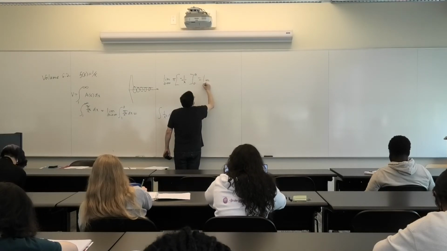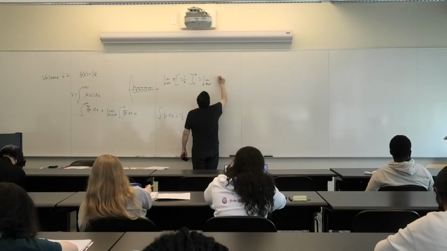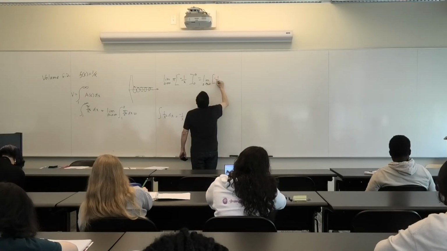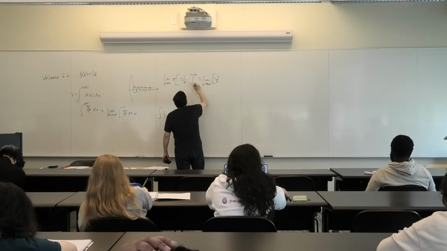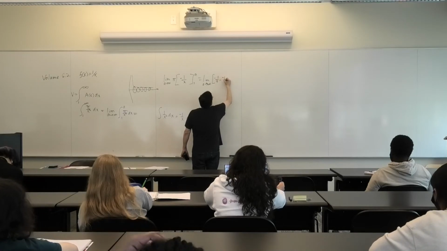Plug that in. Limit as a approaches infinity of negative 1 over a. This is 1, sorry, minus negative 1 over 1.